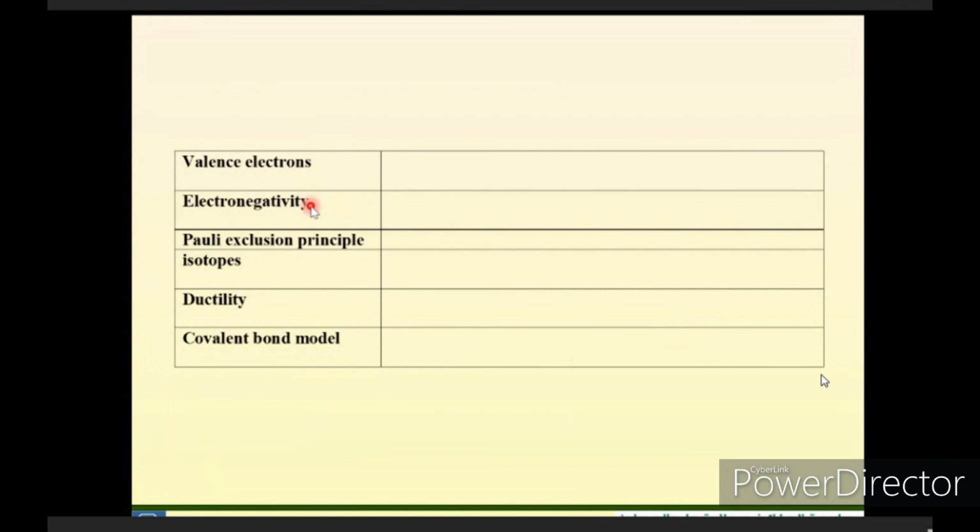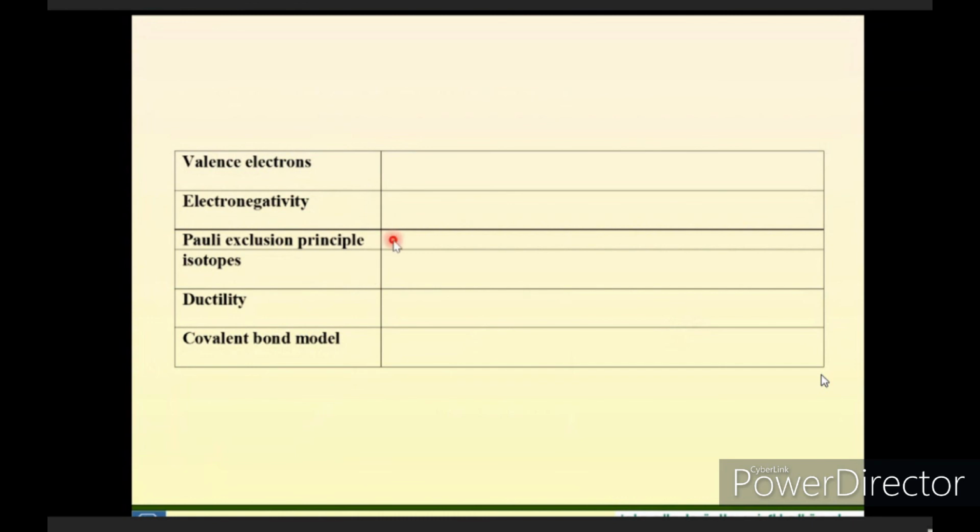Electronegativity is the ability of an atom to give or take electrons. You can consider it as a poor stuff: it accepts the electron and becomes negative. So it needs an electropositive atom which gives.